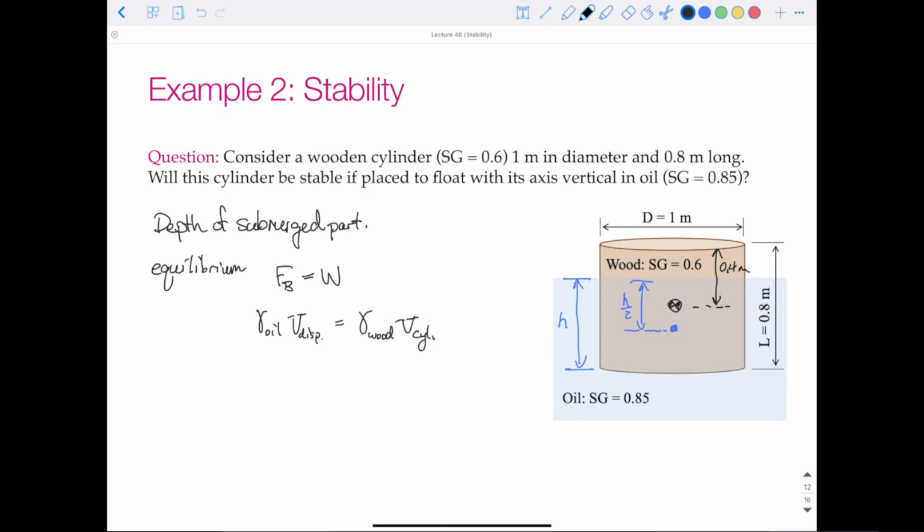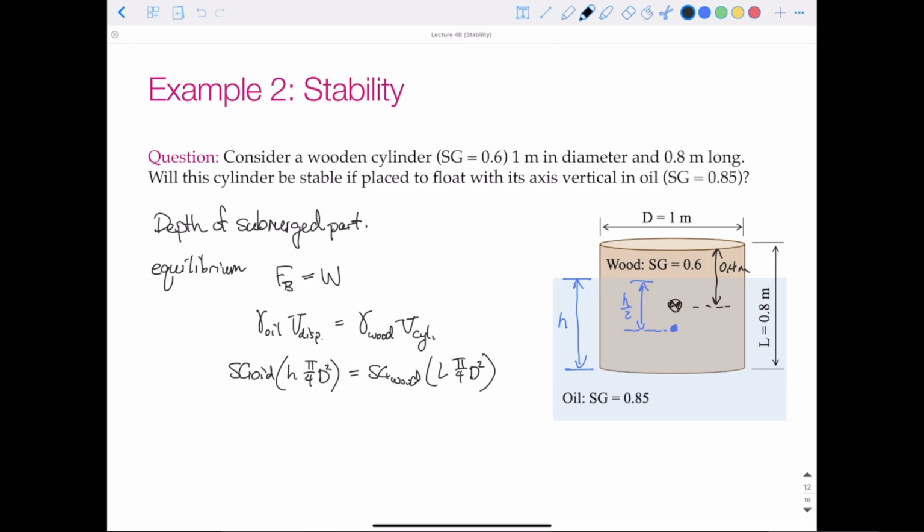So we can just rewrite this as specific gravity of oil times the volume that's submerged, which would be a distance h times the area, pi over 4 times the diameter squared, which is equal to the specific gravity of wood times the volume of the cylinder, so that's 0.8, or we'll call it L, times pi over 4 d squared.